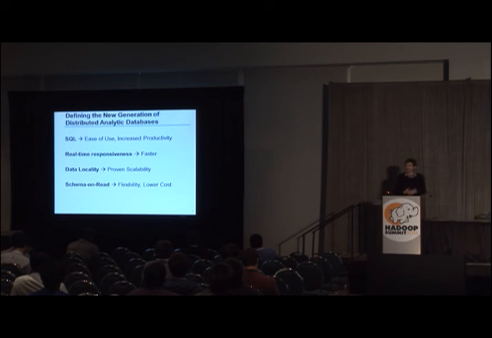Just to quickly summarize what's going on with this new generation of databases: the first thing is these systems provide SQL, because SQL is what people expect, and it's what this whole industry is built around. But we're combining that with real-time responsiveness. We're working around some of the problems that exist with MapReduce by replacing MapReduce with our own custom query execution engine and query operators on each one of the worker nodes.